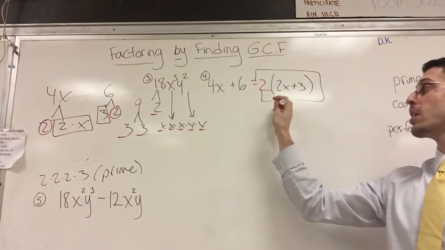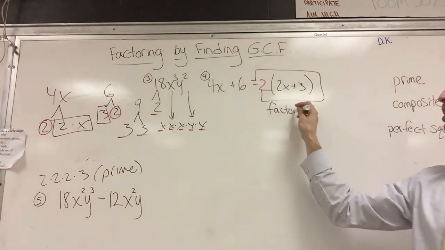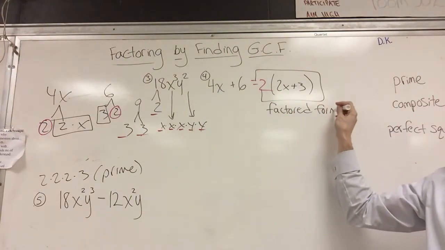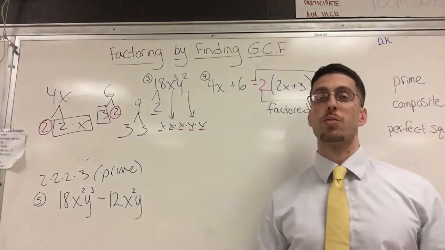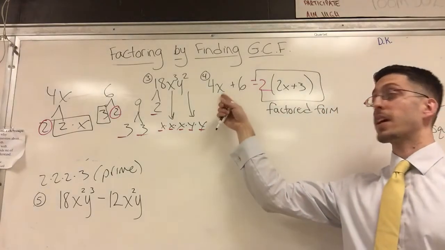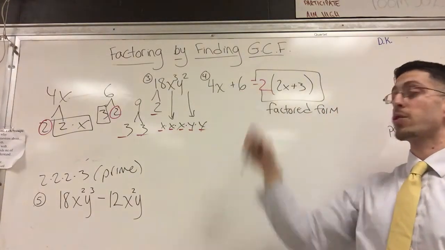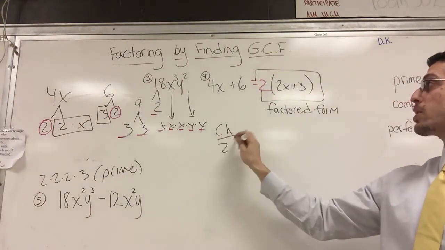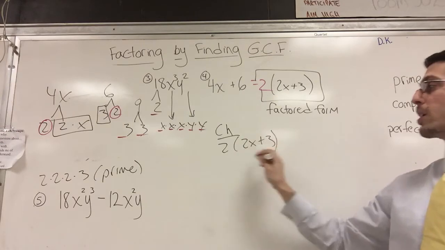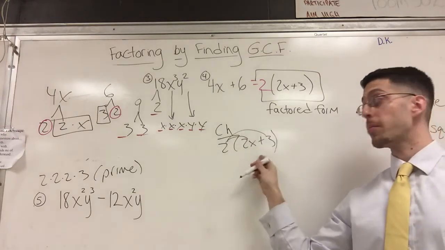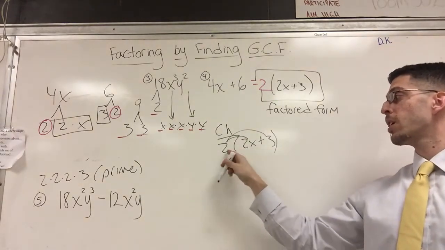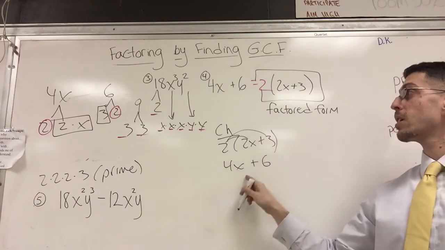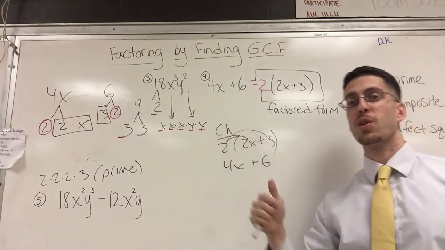That's a very popular question in algebra, how to factor. And if you're not sure, you check by doing your favorite property, the distributive property. 2 times 2x is 4x, 2 times 3 is 6. Look at that, same answer, so we're good.